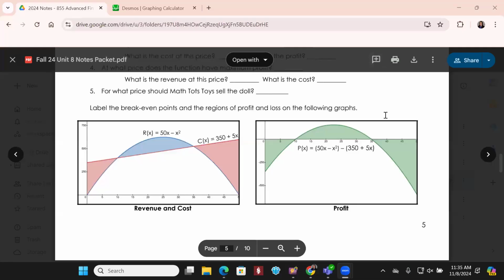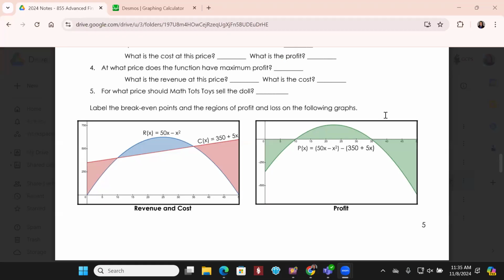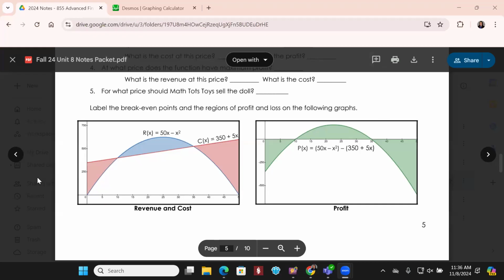Okay, so here's our graph. So we've got r of x, which is the quadratic. The cost function is the straight line, right? If you have your cost over your revenue, then that's going to be a loss. So on your paper, you're going to put loss in this little section and then loss in this little section, because cost is bigger than your revenue.